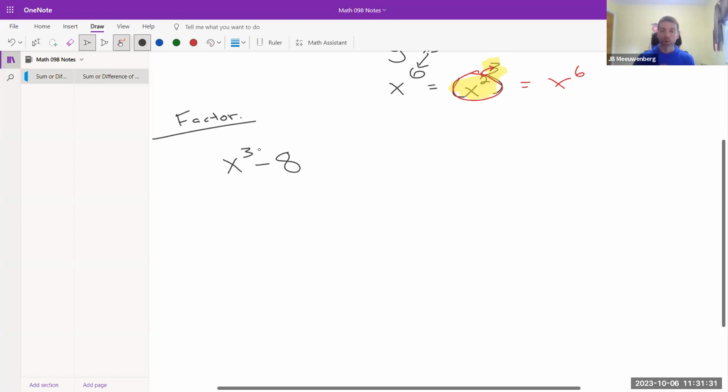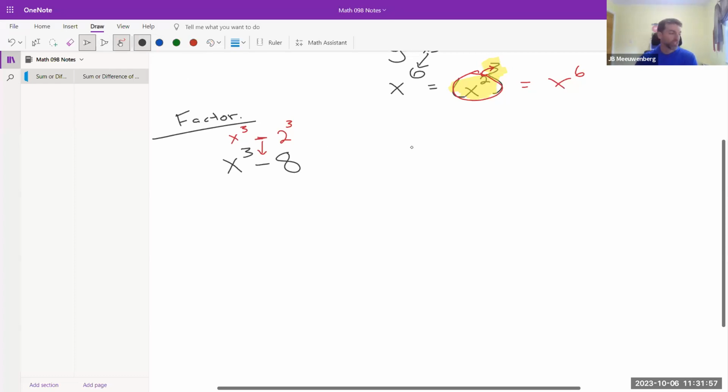And we want to look at both of those terms and say, are those things cubes? Well, x cubed is obviously a cube, and 8 is 2 to the 3rd power, so it is also a cube. And in the middle, our operation is subtraction. So this is a difference of cubes.